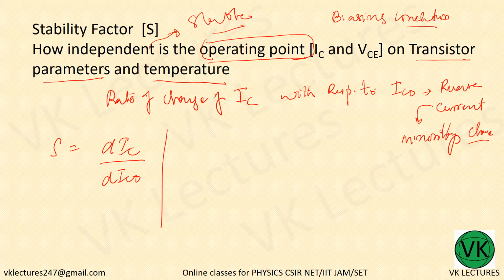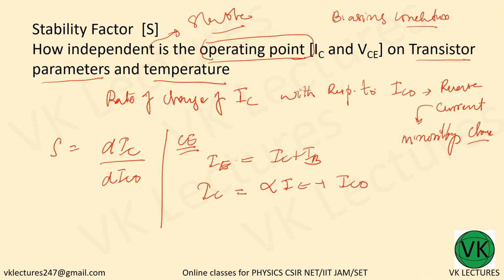Now, for a common emitter biasing condition, we have IE equal to IC plus IB, right? And IC we can write as alpha times IE plus IC naught.